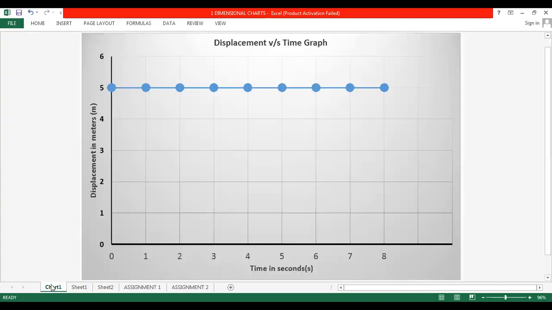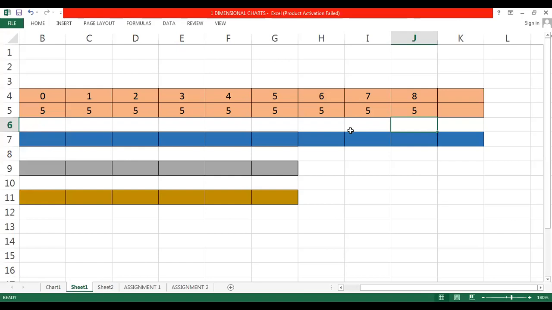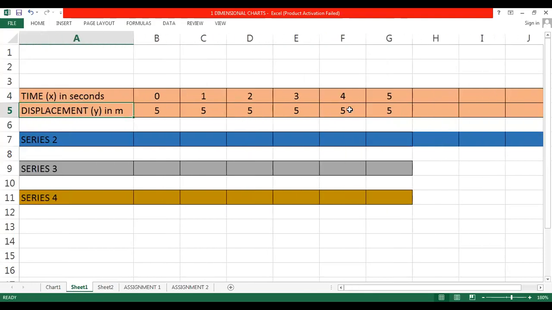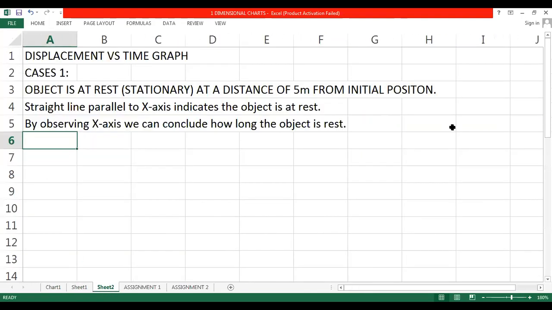So the graph will be like this. So observing the x-axis, I can easily come to know how long the object is at rest. Okay, so we can easily conclude how long the object is at rest. And the another important thing is what we can get by observing the y-axis.